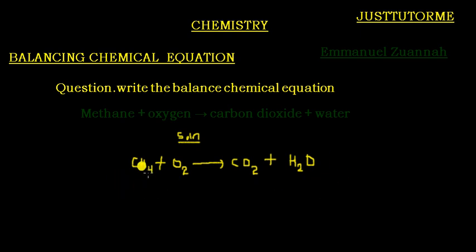So CH4 plus O2, that is methane and oxygen, is the reactant, and carbon dioxide plus water is the product. And we apply the law of conservation of mass here. The amount of reactant should be equal to the amount of product. So the first thing, let's see if this equation is balanced.